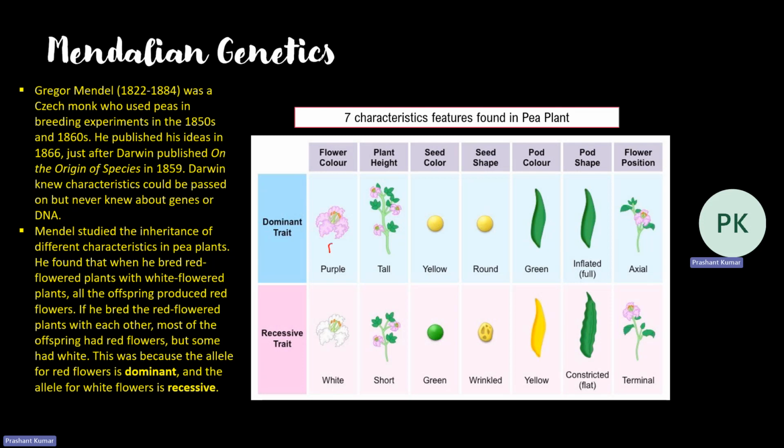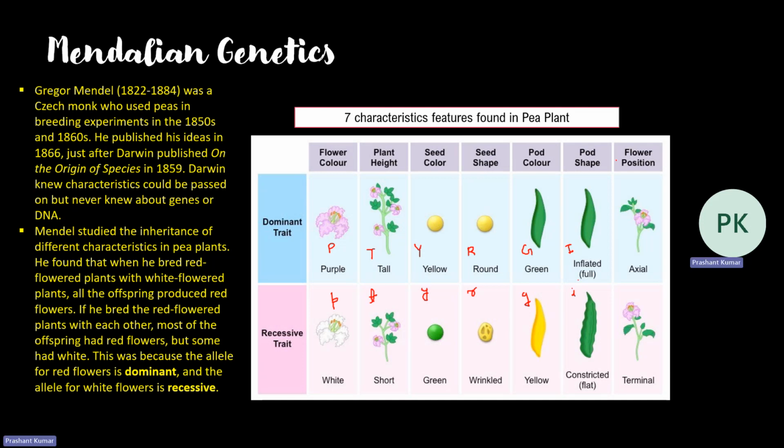Capital P for purple flower, small p for white flower, capital T for tall plant, small t for dwarf plant, capital Y for yellow seeds, small y for green seed, capital R for round, small r for wrinkled seed, capital G for green pod color, small g for yellow, inflated pod shape written with capital I, constricted with small i.